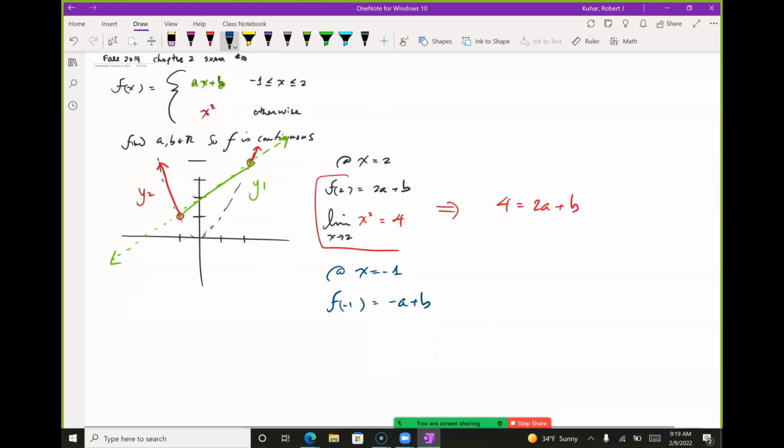Step 1, find the value of the function, the height of the function at that point. Step 2, find the limit. So I need the limit as x goes to -1 of x squared, and that's obviously 1. Both of these have to match up, right? That's my third step in continuity. So I know that 1 has to equal -a plus b.